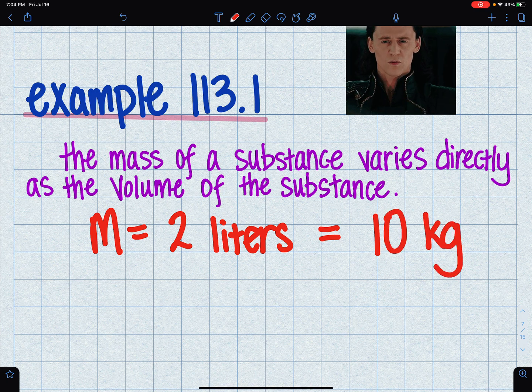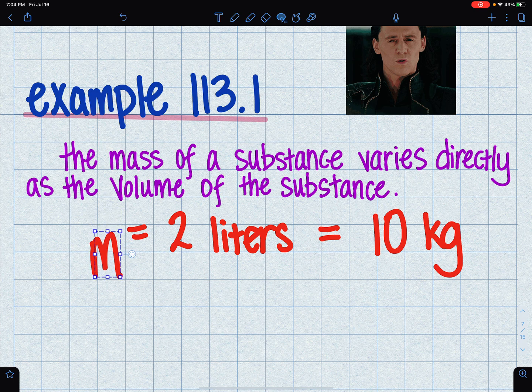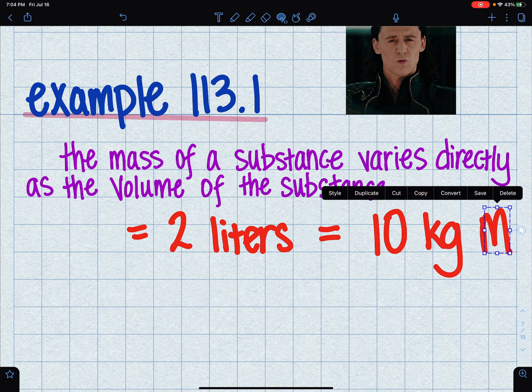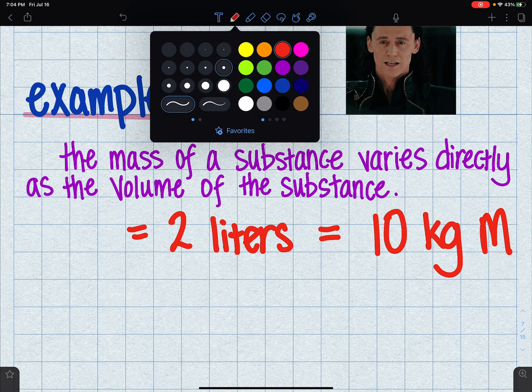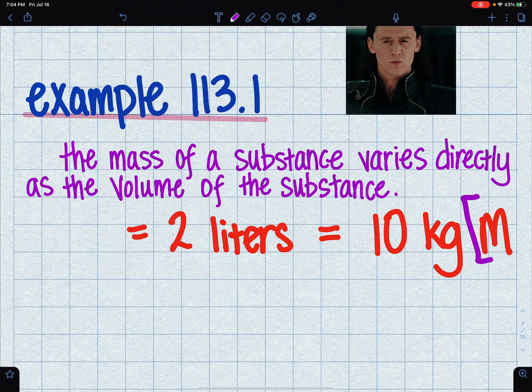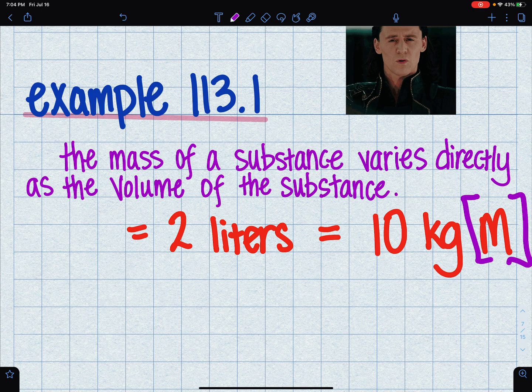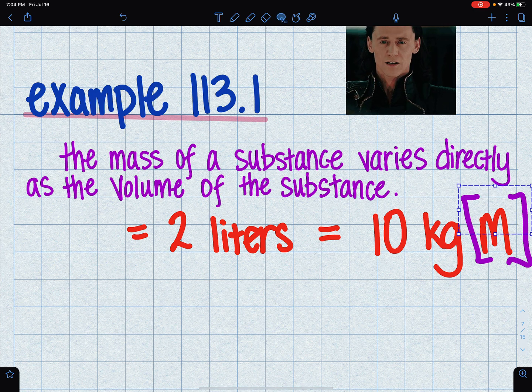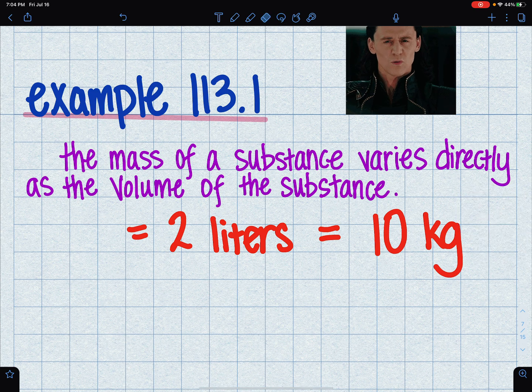oh, so that's actually the mass, because mass is in units of kilograms. Okay, let me just erase it.